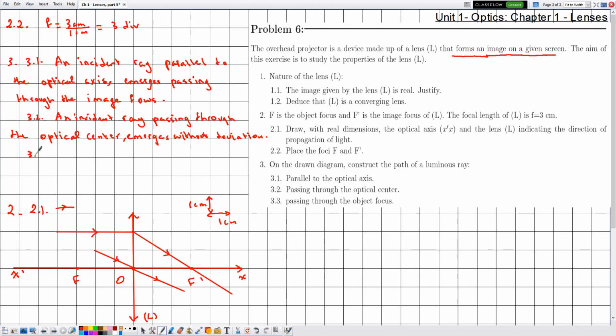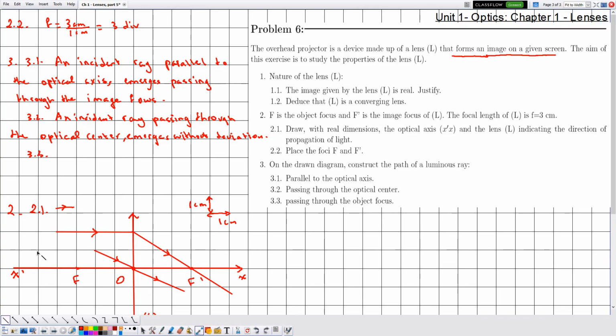And in 3.3 they are telling me passing through the object focus. So this is an incident ray passing through the object focus, we know that always an incident ray passing through the object focus will emerge parallel to the optical axis.